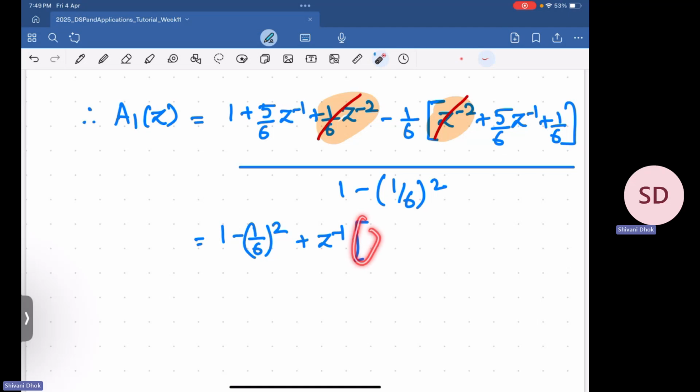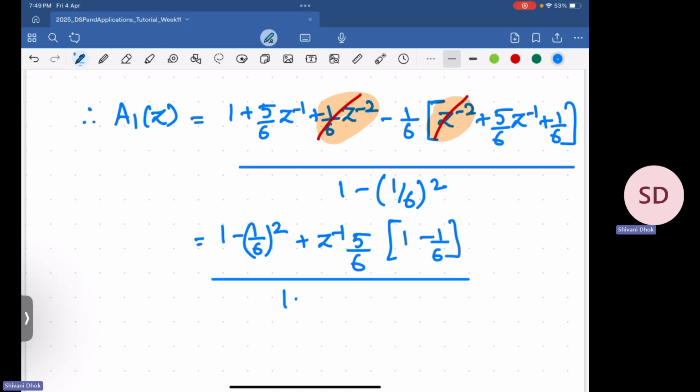I'll also take 5 by 6 common, so I'll have 1 minus 1 by 6 whole, divided by 1 minus 1 by 6 whole square.